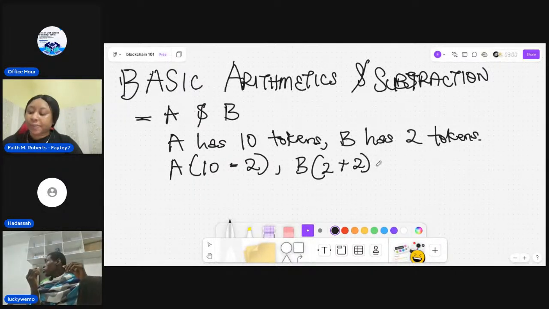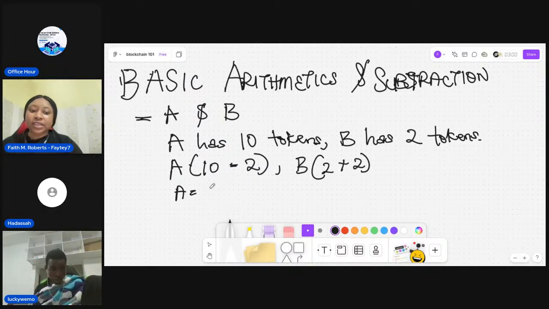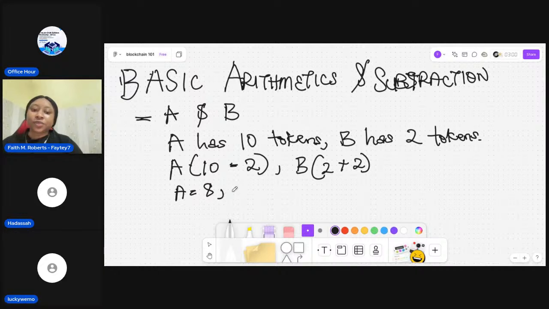I want to be sure that we are following. So using arithmetic and subtraction helps you to check for balances. Now we know that the current balance for person A is now 8, while for person B is 4. Because when you do 10 minus 2, you get 8. And when you do 2 plus 2, you get 4, right?